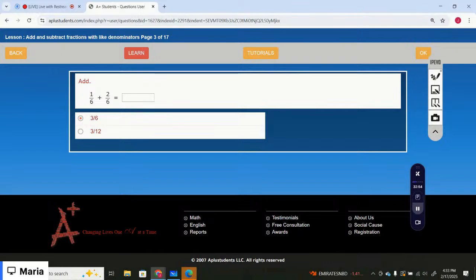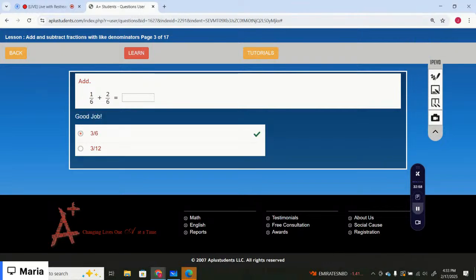Very good. That is option number 1, 3 by 6, the correct option.